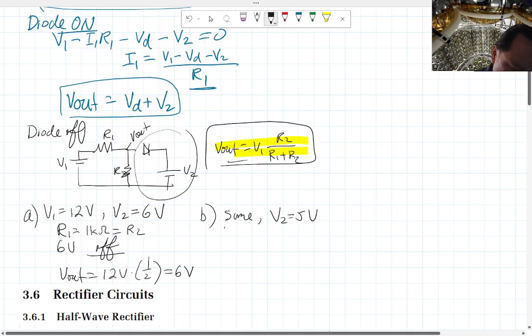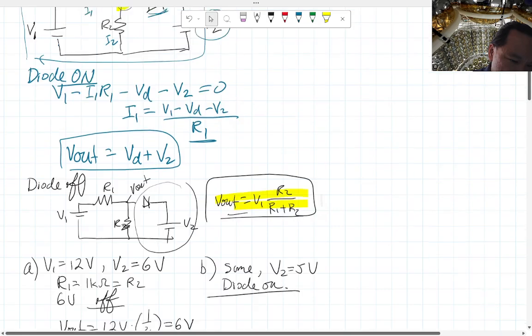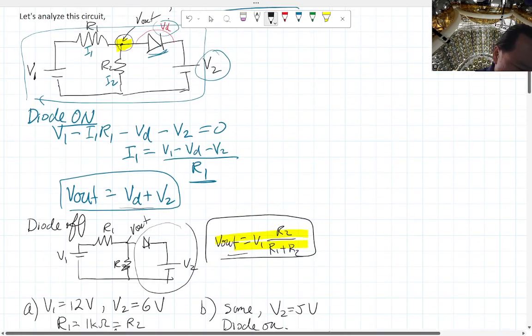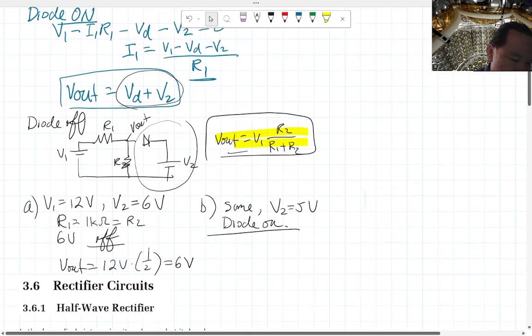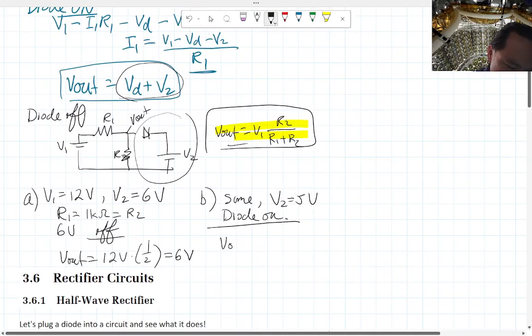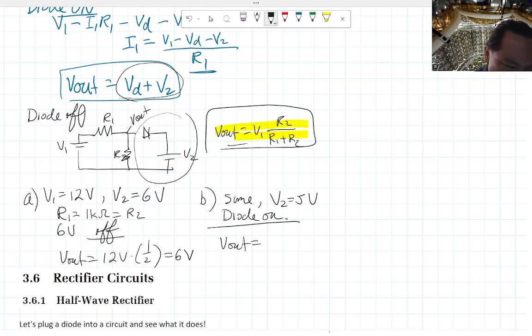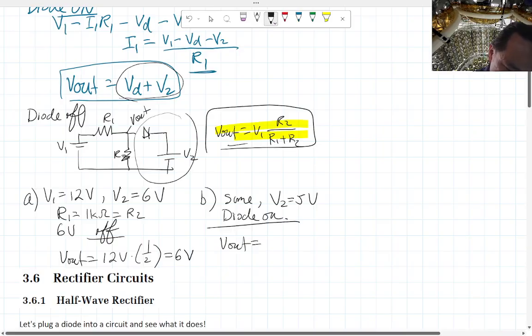Okay, in this case, the diode is on. When the diode is on, all you have to do is just say that whatever the V out is, it's going to be 0.7 volts above the battery, the second battery, V2, which is going to be, let's say 0.7 volt plus 5 volts, or 5.7 volts. Okay, and that's the answer already.